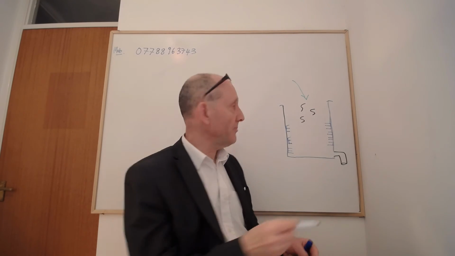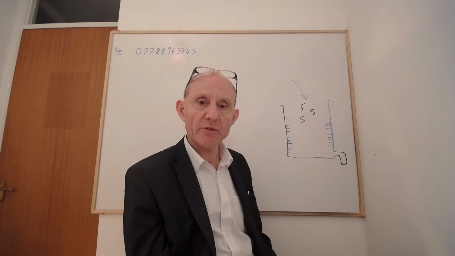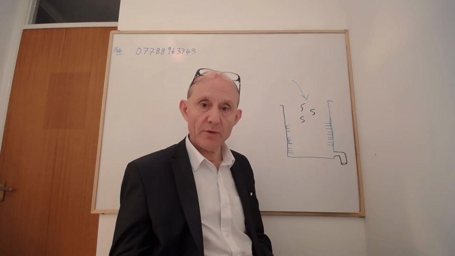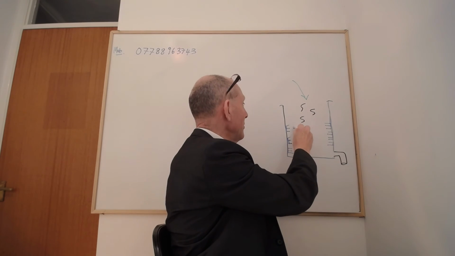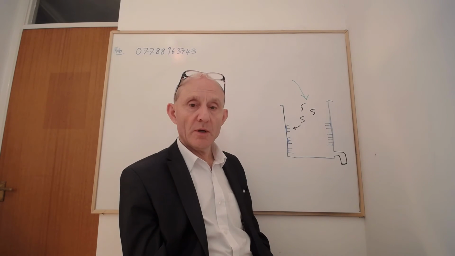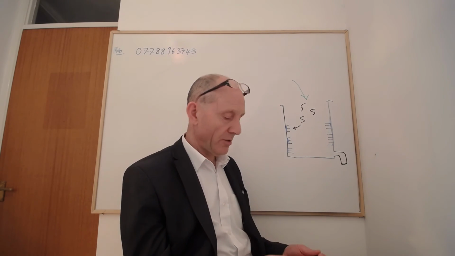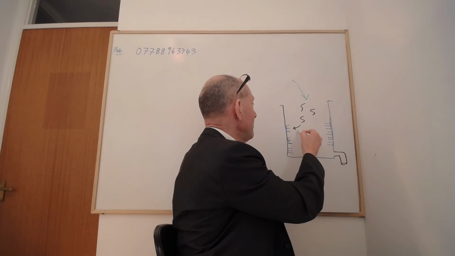Now what happens this time is that the enzymes can't move. They're attached to the wall, for example, of the container. They are immobilized, can't move. The substrate has to go to the enzyme, and the substrate has to go into the active site, and then the substrate gets converted, made into the product.